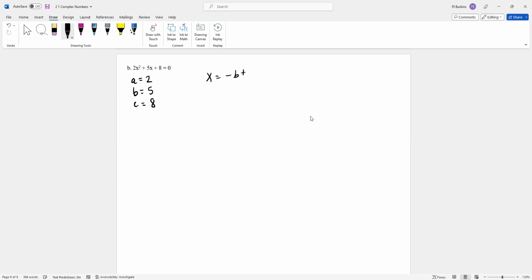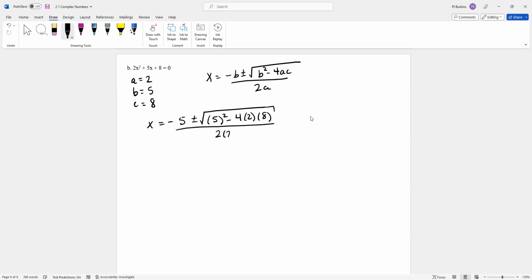It's opposite of b plus or minus the square root of b squared minus 4ac, all over 2a. Plugging in, I have minus 5 plus or minus the square root of 5 squared minus 4 times 2 times 8, all over 2 times 2.